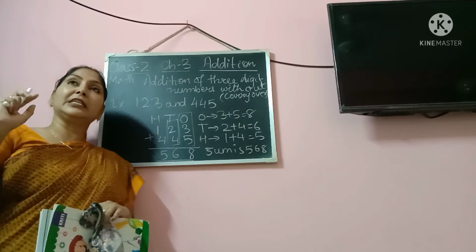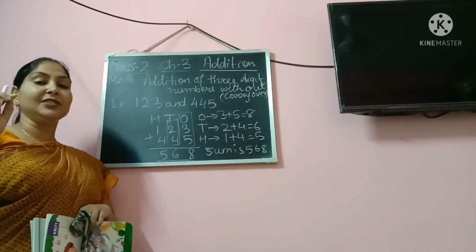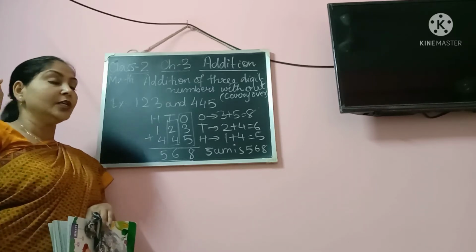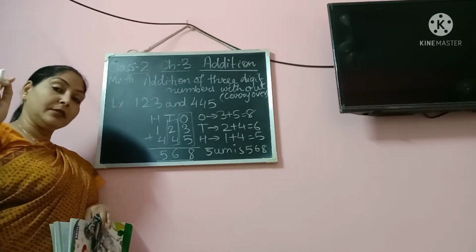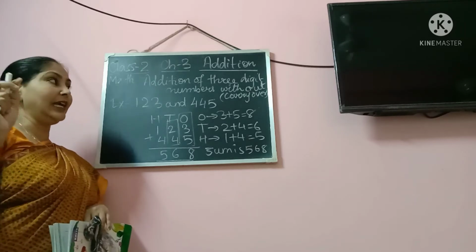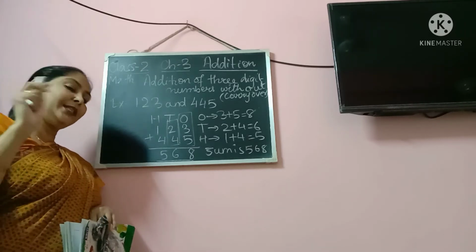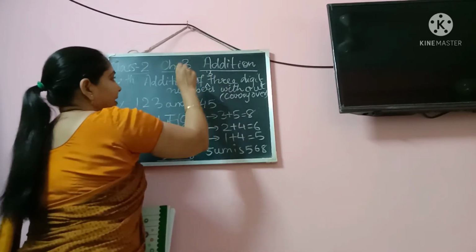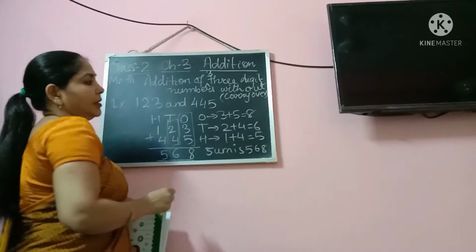In the last class we learned 2-digit numbers with carrying over, right? So we will be learning 3-digit numbers without carrying over and also with carrying over. Both we will learn.